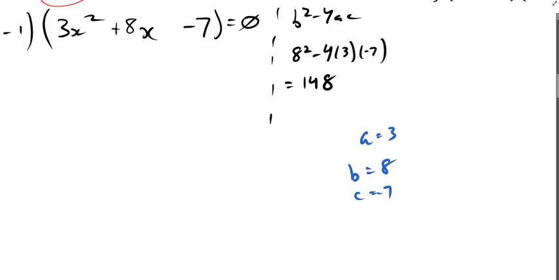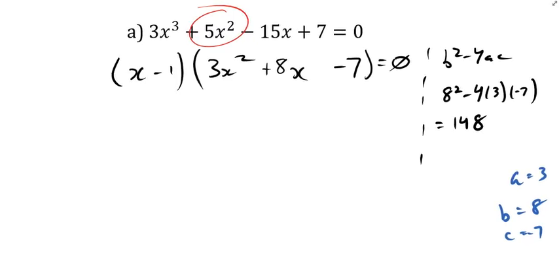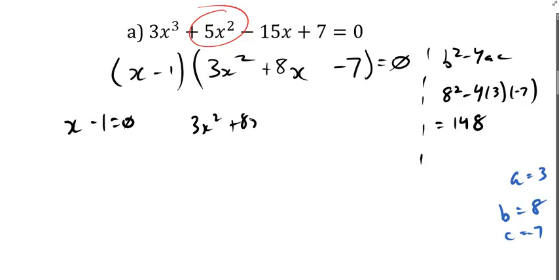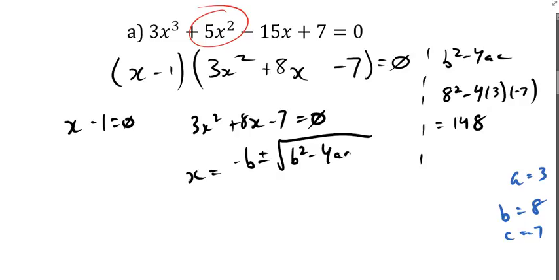So this is like x minus 1 equals 0, and 3x squared plus 8x minus 7 equals 0. Which means x equals negative b plus or minus the square root of b squared minus 4ac over 2a.